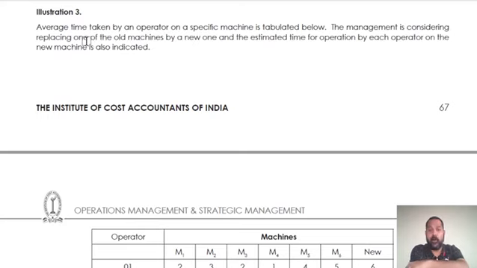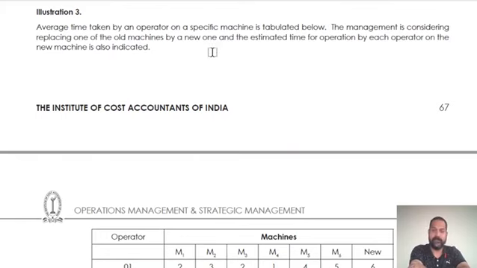Average time taken by an operator on a specific machine is tabulated below. The management is considering replacing one of the old machines by a new one, and the estimated time for the operation by each operator on the new machine is also indicated. So let me understand this. The average time taken by an operator on a specific machine is tabulated.